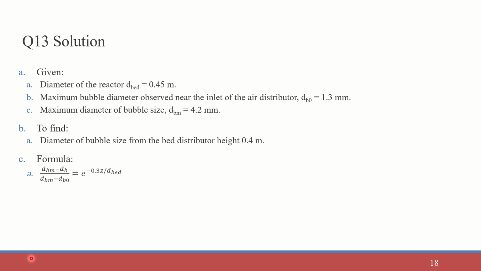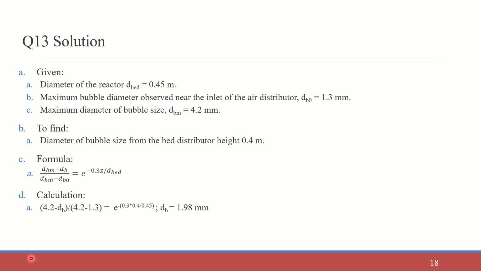So mostly it would be a fraction. If it is a fraction, the denominator is higher than the numerator. So if the numerator is smaller, dB should be larger than dB naught.